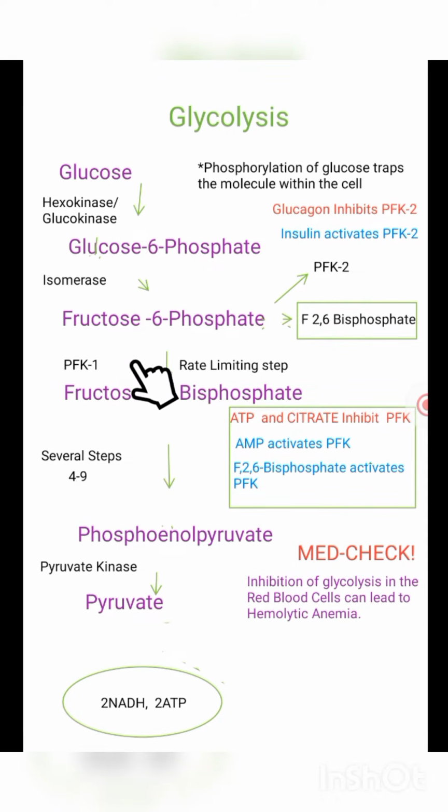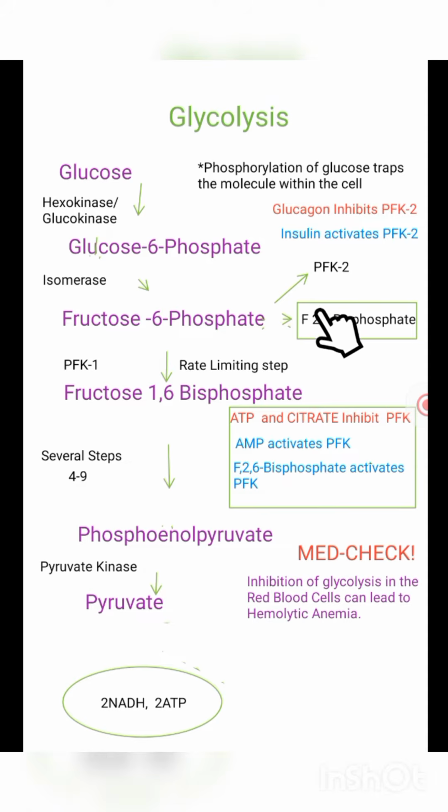Now, there's something very interesting that you need to bear in mind here. When there's need for fast production of ATP in glycolysis, there is this side reaction where PFK2 is able to convert fructose 6-phosphate to fructose 2,6-bisphosphate. Now, what is the importance of fructose 2,6-bisphosphate?